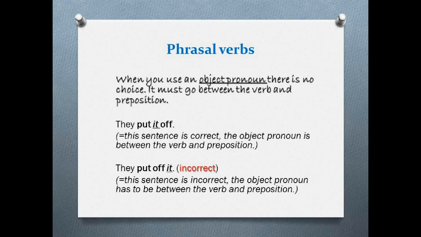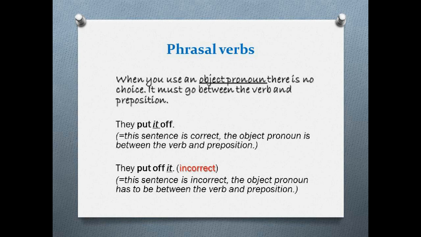One thing to remember is that if you use an object pronoun, there is no choice. It must go between the verb and the preposition. Again, have a look at the slide for the examples. So your object pronouns are like me, it, you. If we have a look again, we can say they put it off. So that sentence is correct because we're using the pronoun and not the object itself, which is the meeting.